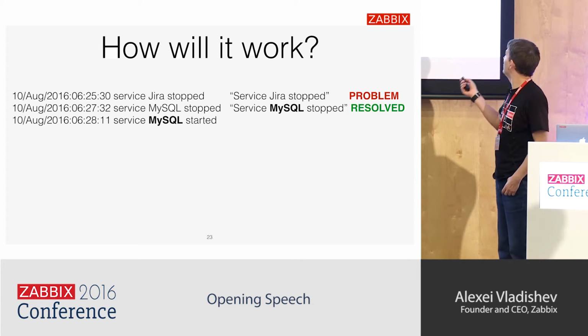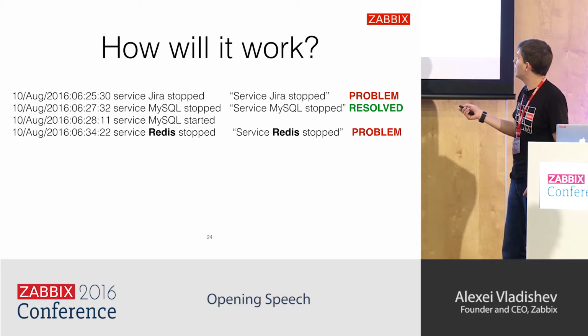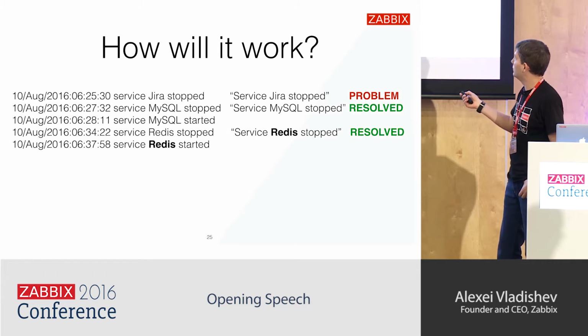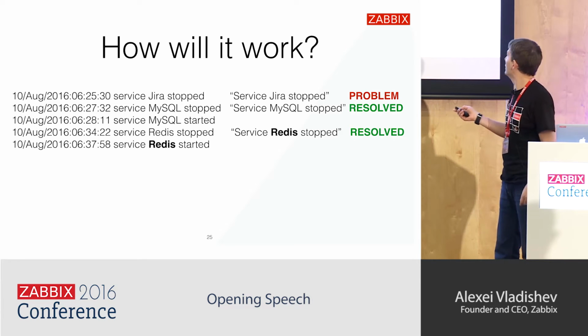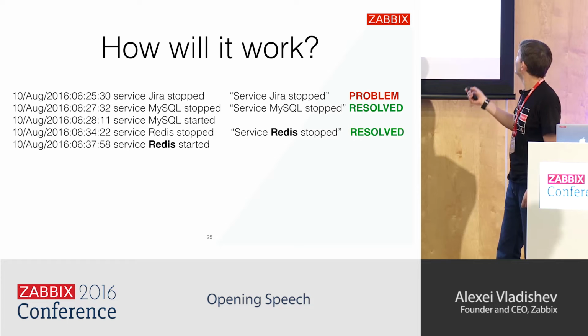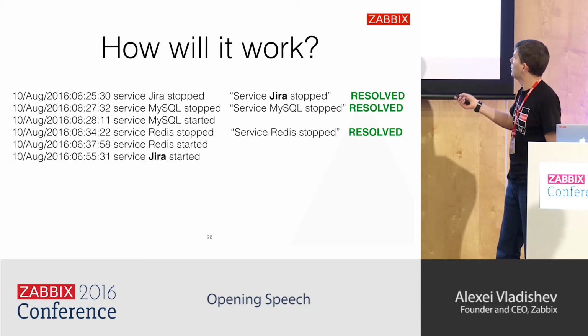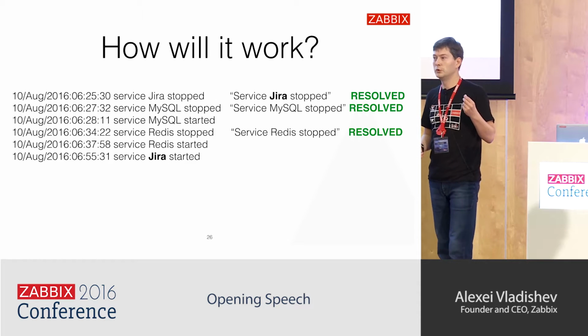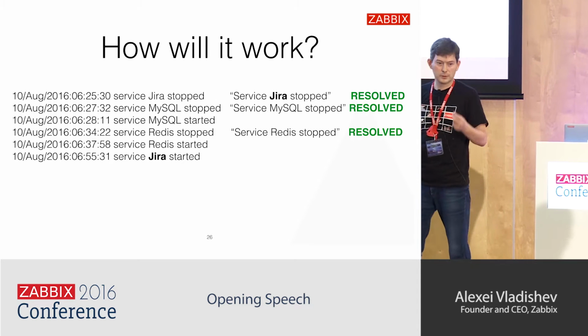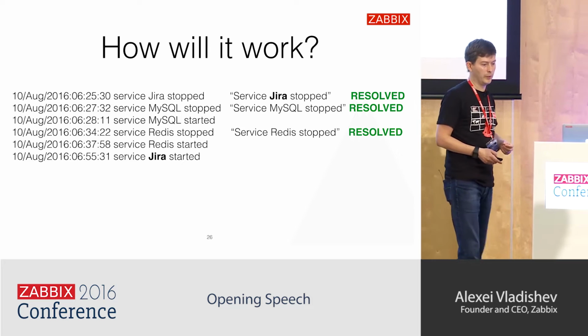Then Redis stopped, another problem. Redis started, this problem is resolved based on the value of the service tag, which is Redis. And then Jira started, so now all problems are resolved. So it takes just one trigger to have this quite complex monitoring.